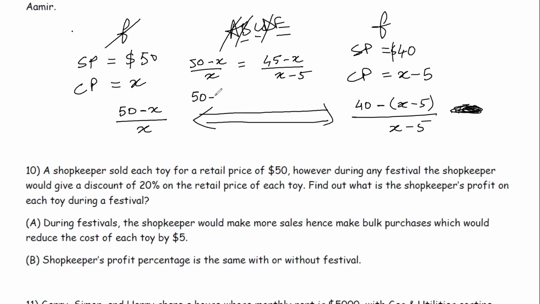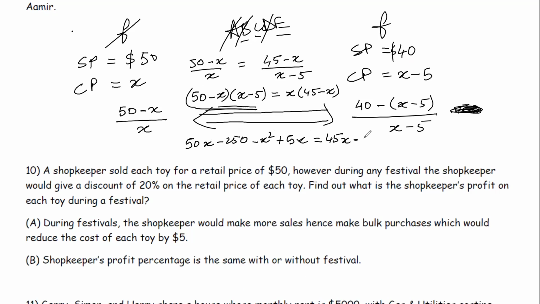So you get (50 minus x) into (x minus 5) is equal to x into (45 minus x). Solve this and you get 50x, and then minus 250, and then minus x squared. I'm using the FOIL method for this expansion. Then you get plus 5x, which is equal to 45x minus x squared.